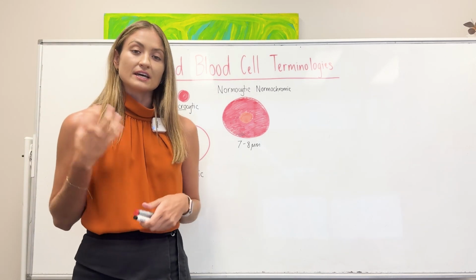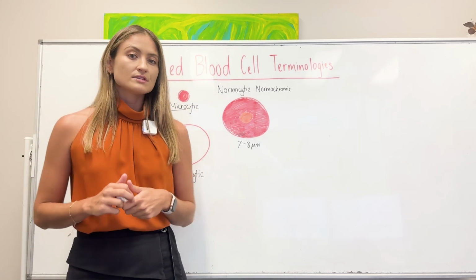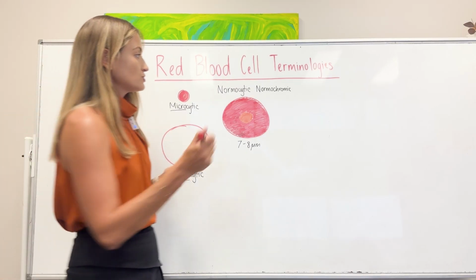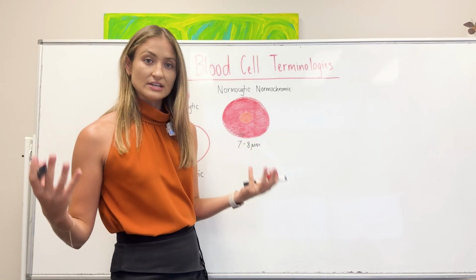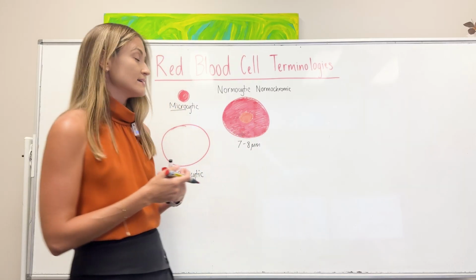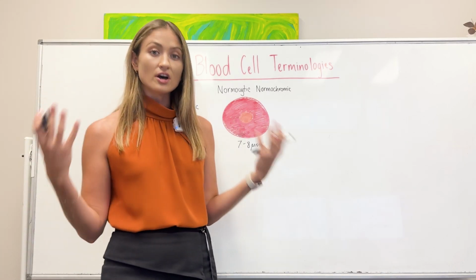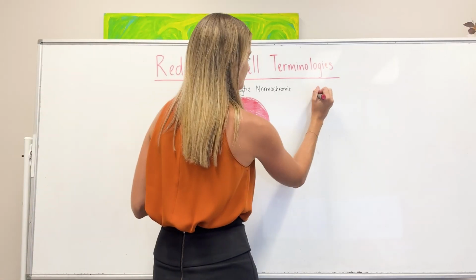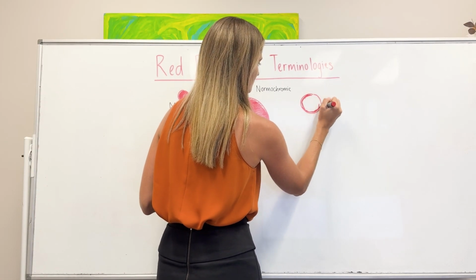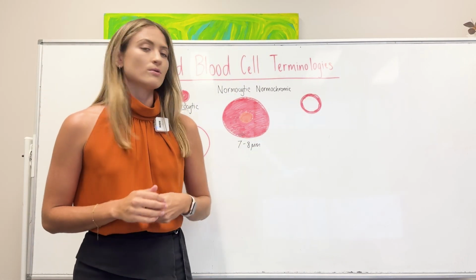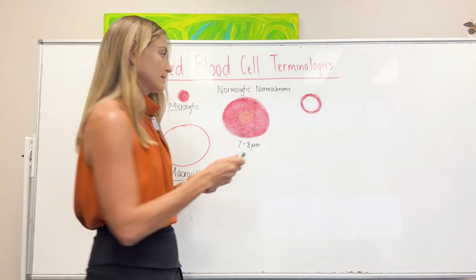So in terms of the colour then of red blood cells, if we have a red blood cell that's really pale, it's going to have a much larger central pallor than what our normal red blood cell has. So it's going to have more than 1/3 of that red blood cell having that central pallor. So a really pale red blood cell, we call that hypochromic.